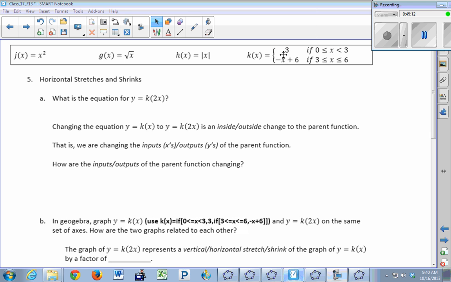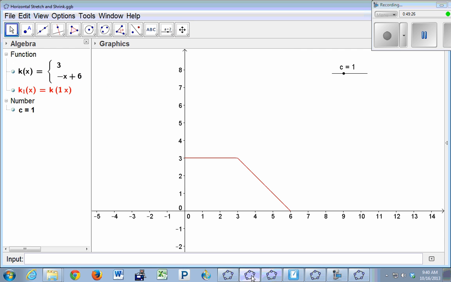So the step function here is if you're a number between 0 and 3, you're the horizontal line y equals 3. And then if you're a number between 3 and 6, you're a decreasing line with slope of -1. So this is what you would look like. That's your step function. So between 0 and 3, you're the horizontal line 3, and then 3 to 6, you're a decreasing line with slope of -1.